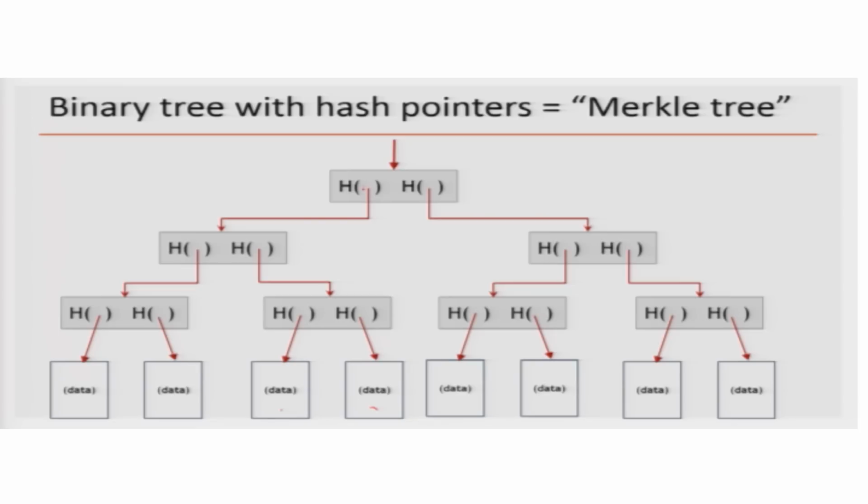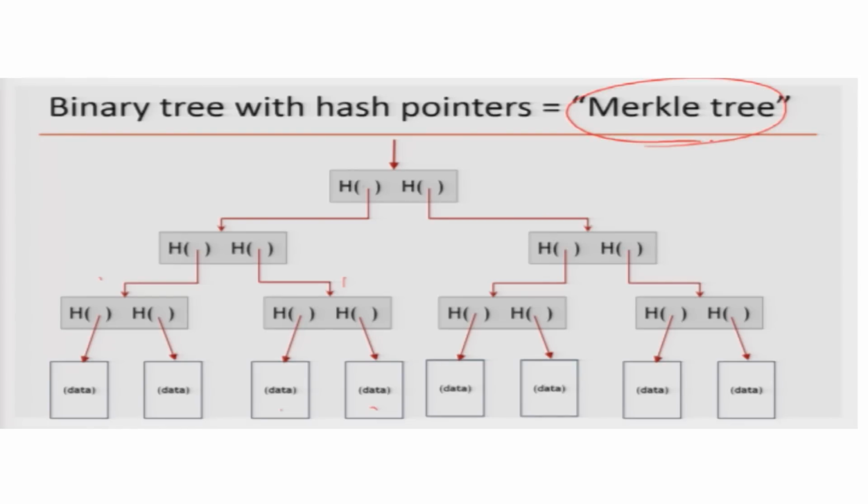Now if you have this hash, then you will be able to figure out this block, and then you will find the two hashes. Then you can go to this block, and then eventually can go to the data, and the same thing happens when you have more blocks. If you want to balance it, then you do it accordingly. So, this is what is called a Merkle tree.